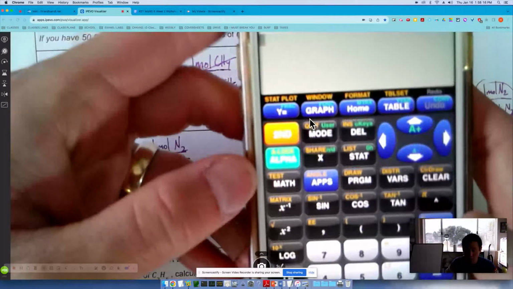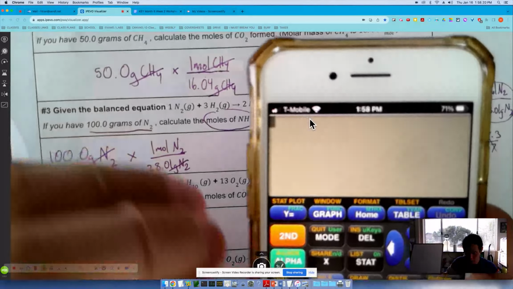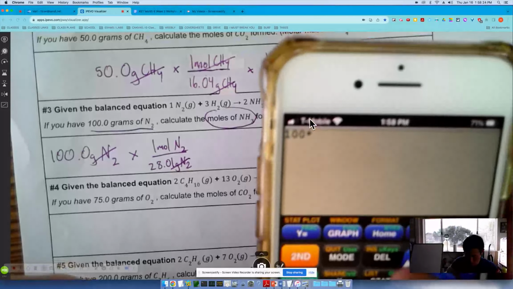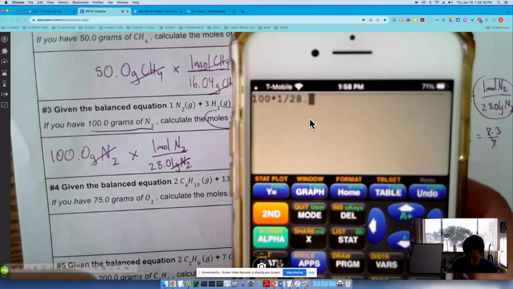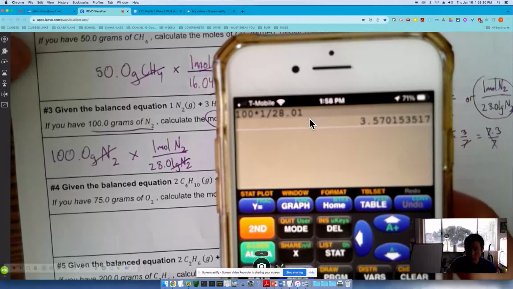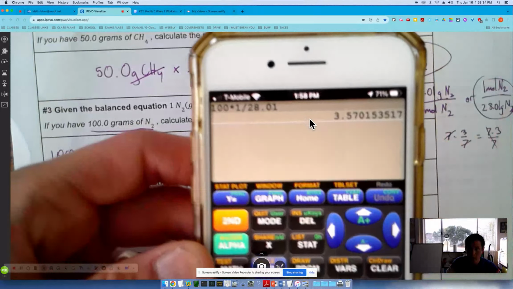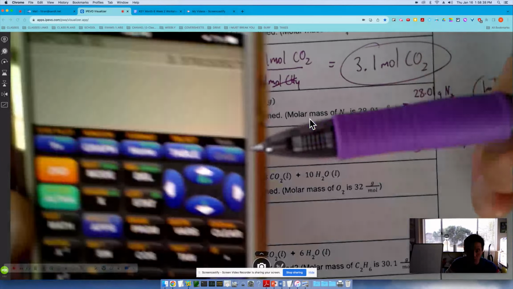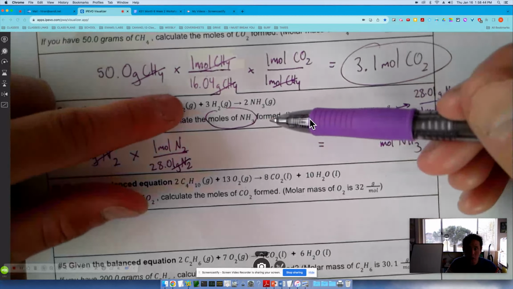I didn't have it prepared. If I took 100 times 1 and divided by 28.01, I would get about, okay, I was wrong. I'm sorry, not 5. It's about 3.5. The answer would be 3.57 moles of N2.